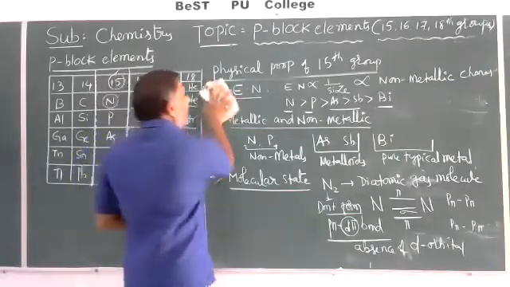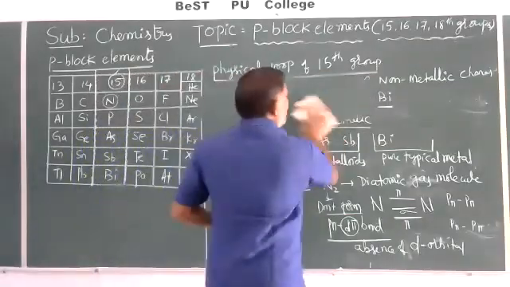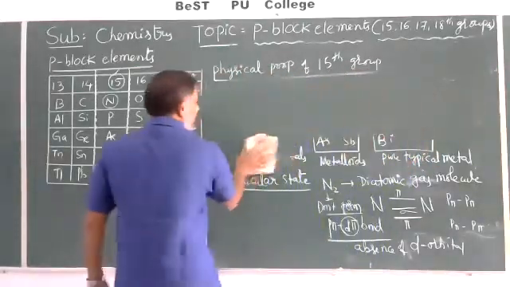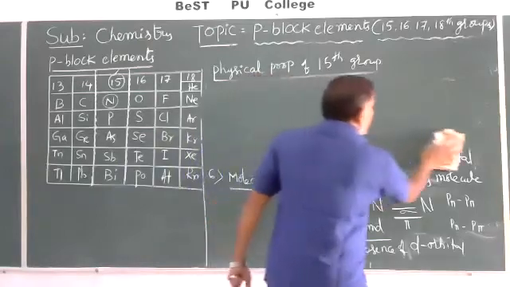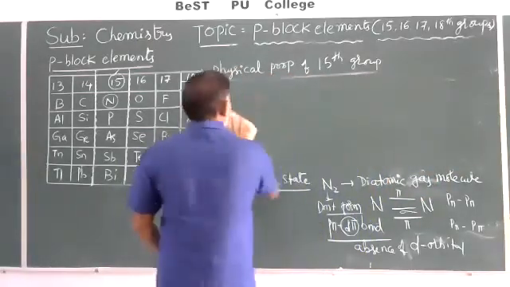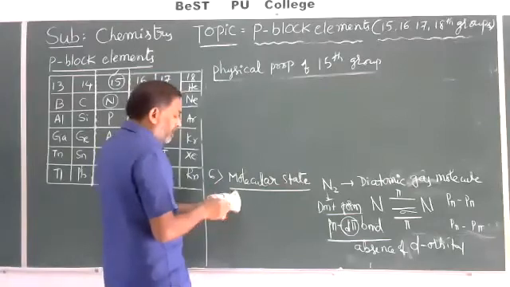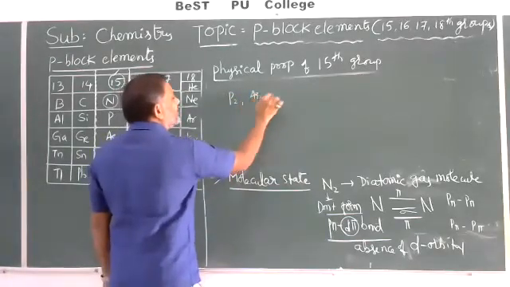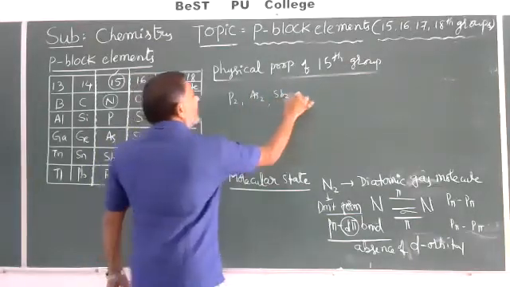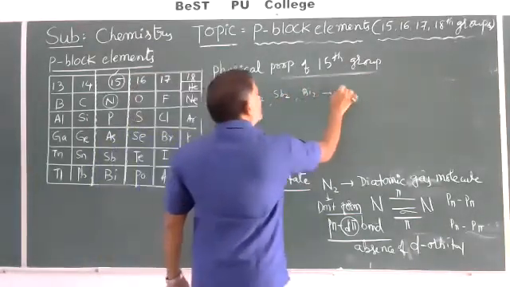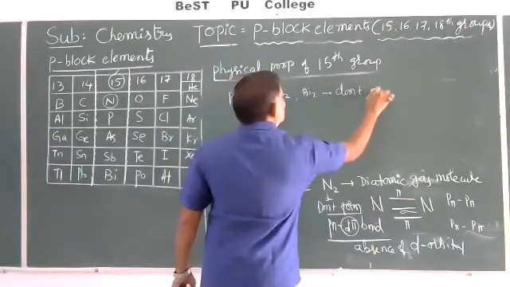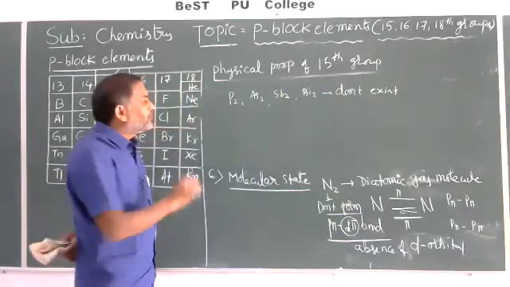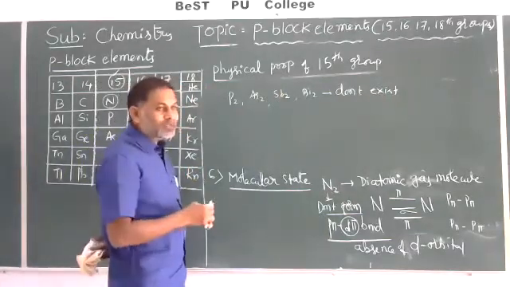The remaining elements of the 15th group do not exist as P2, As2, Sb2 or Bi2.